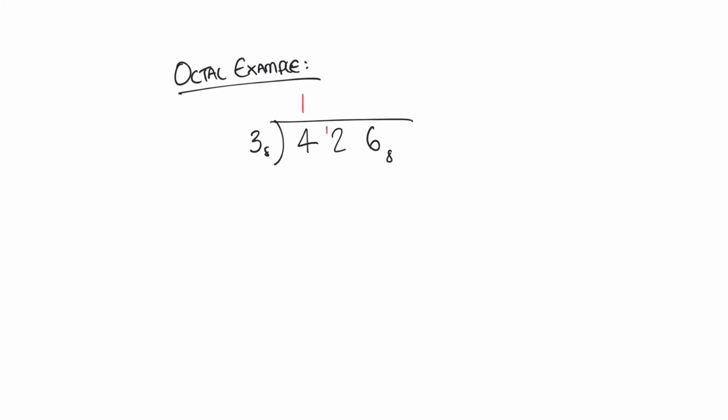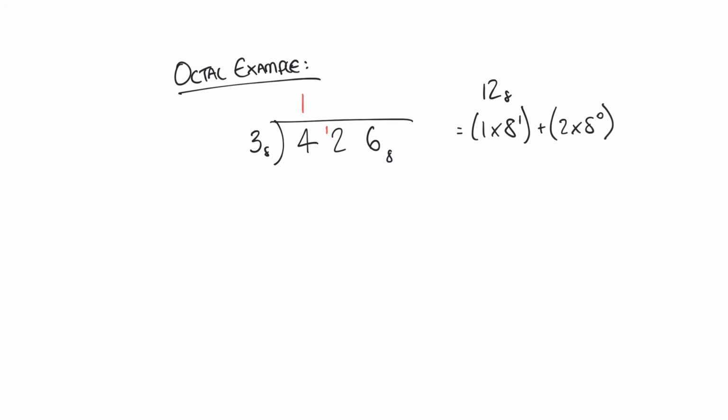So what we really have here is 12 to the base of 8. And if you've watched our previous videos on octal numbers, you'll know that we can expand that in the form of 1 times 8 to the 1 plus 2 times 8 to the 0.